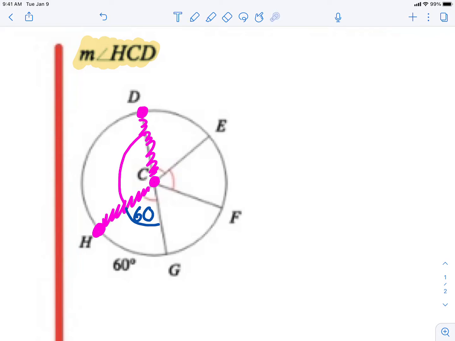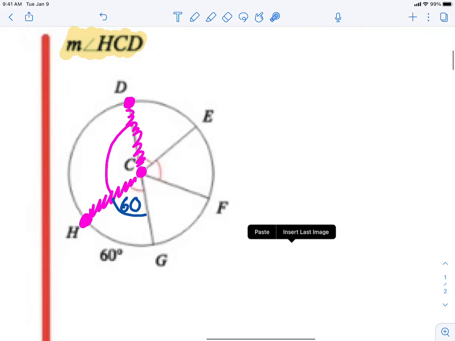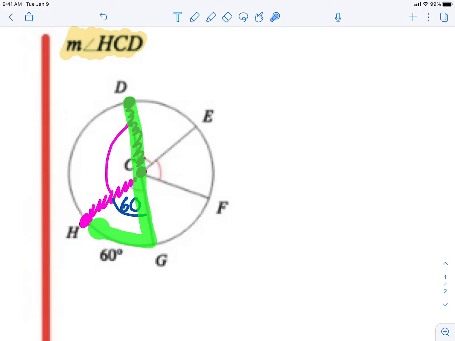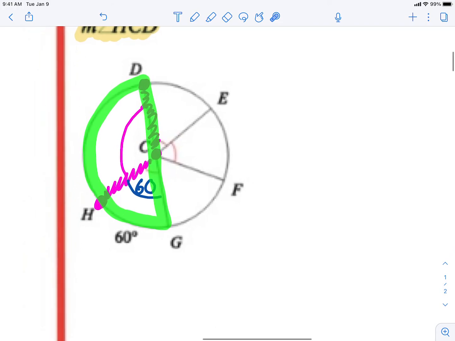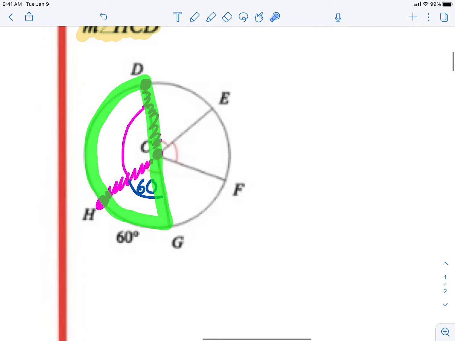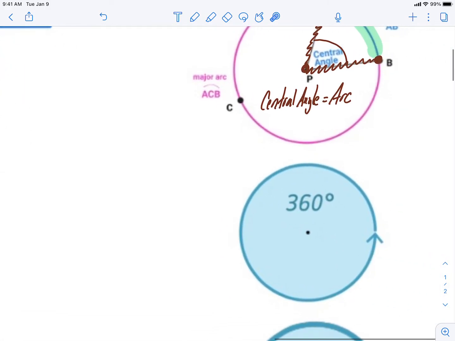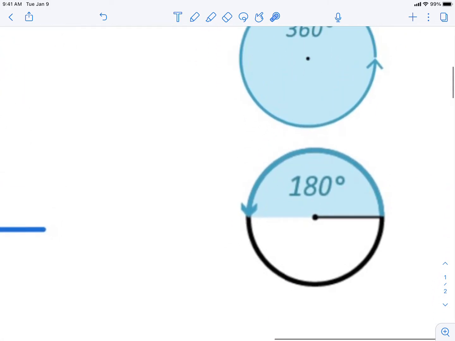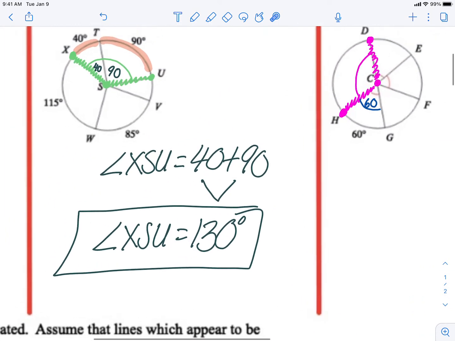But take a look, kiddos. Check this out. From here to here is a semicircle. That is half a circle, right? And how many degrees is a semicircle, kiddos? 180 degrees is half a circle, right?